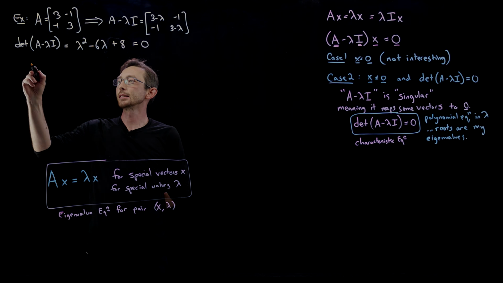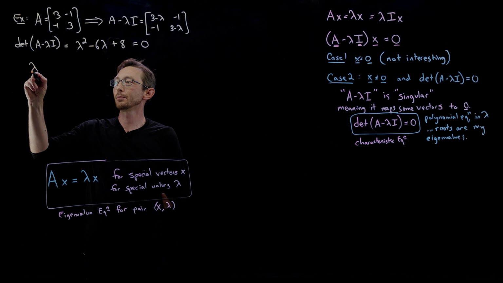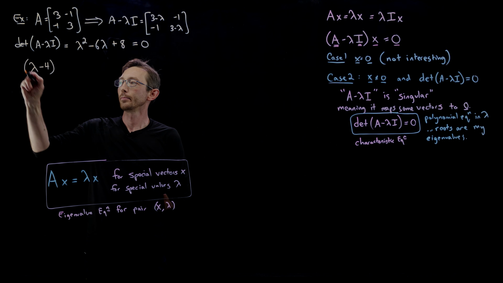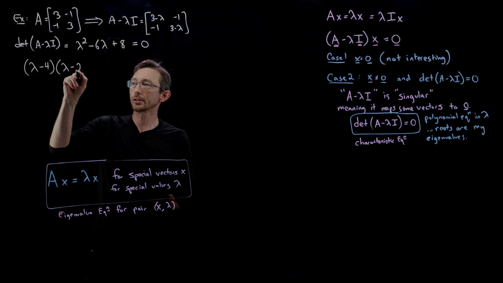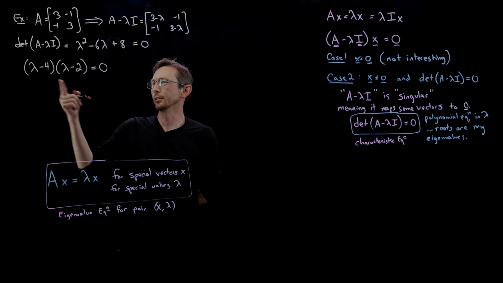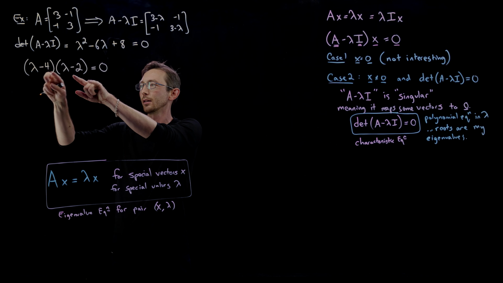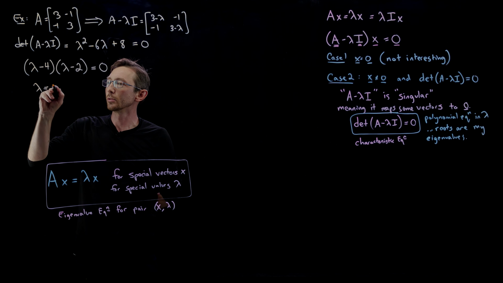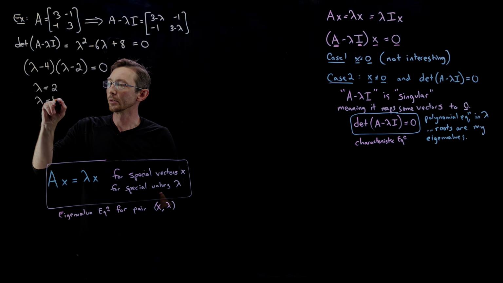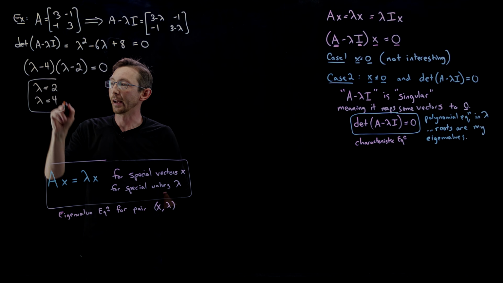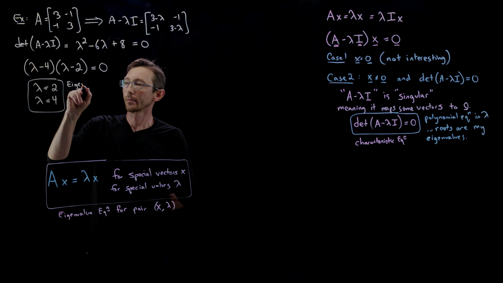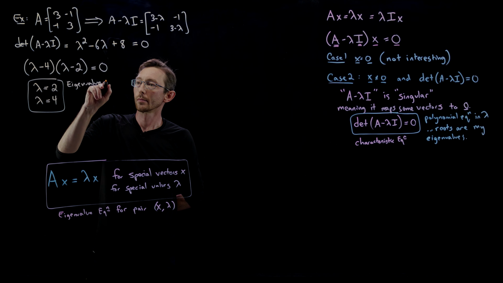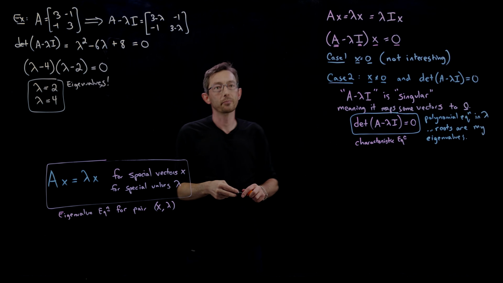So now I factor this thing, and this looks like lambda minus 4 times lambda minus 2 equals 0. Just confirm that lambda squared minus 6 lambda plus 8, good. And so lambda equals 2 and lambda equals 4 are my eigenvalues. Good, okay, we're cooking with fire.